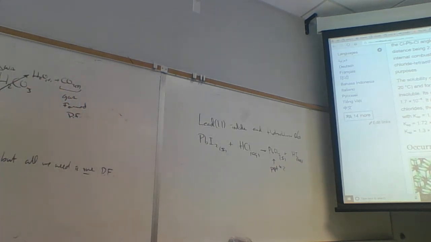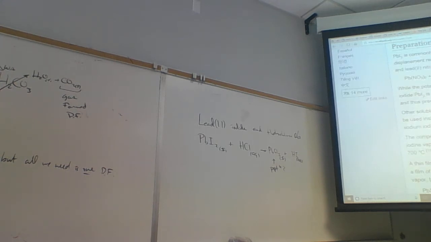But in addition to melting point, what else would we consider? We'd consider solubility. And so let's look at PbCl2. If I look at the solubility of PbCl2, it is 10.8 grams per liter. If I look at the solubility of PbI2, we have to do this per liter, so times it by 10.